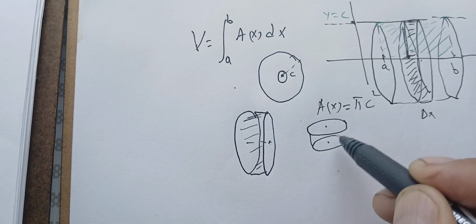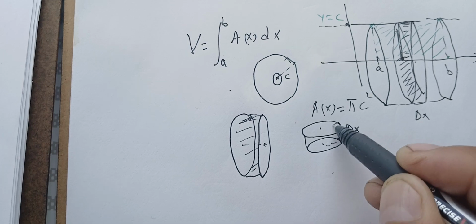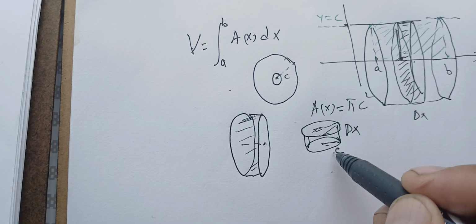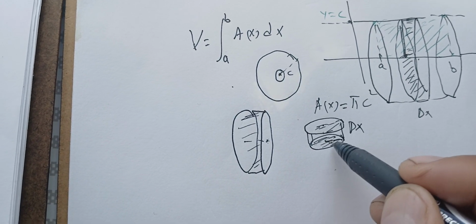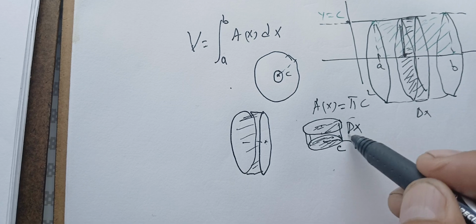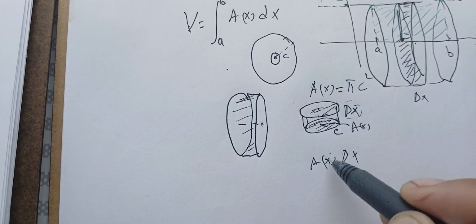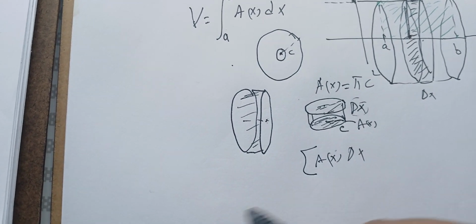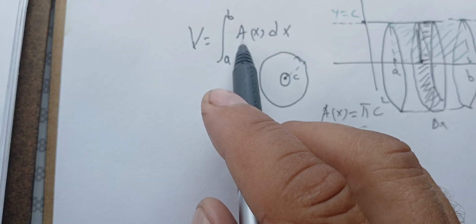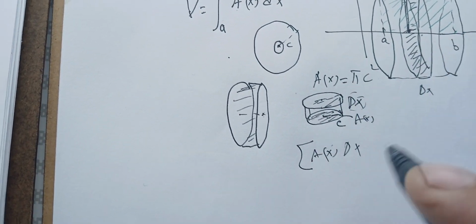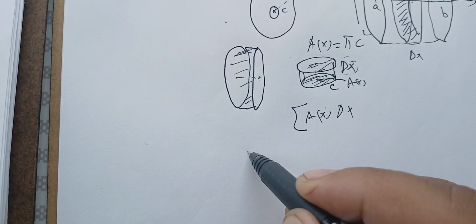So this is my delta x, and this is my c. And this is the cross-sectional area A, and when I multiply it by delta x, and for each point, if I sum up, I obtain this volume V. So the key here is that once I keep adding these small volumes, I obtain the whole volume between a and b, and this is what we get.